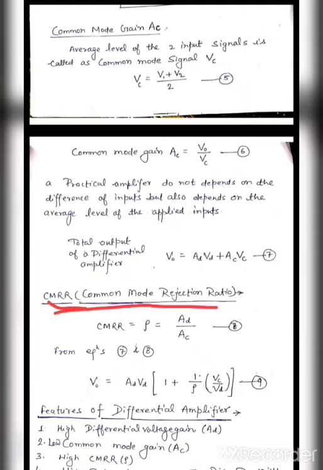So it is better to reject such common signals, and CMRR, common mode rejection ratio, defines the ability of a differential amplifier to reject the common mode signals.